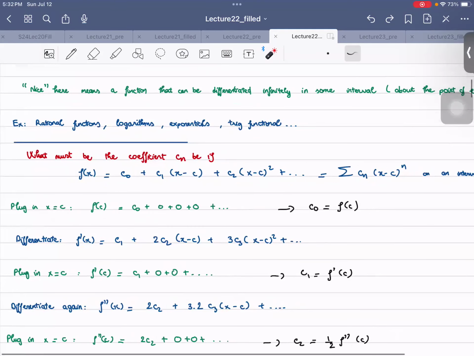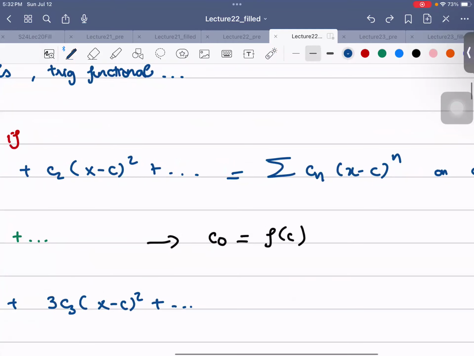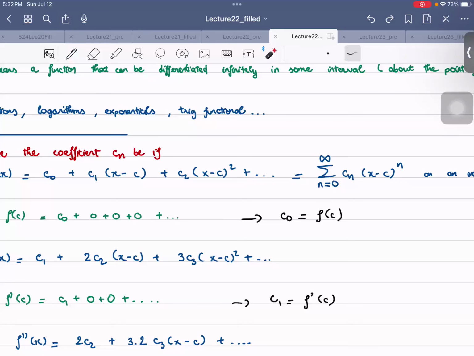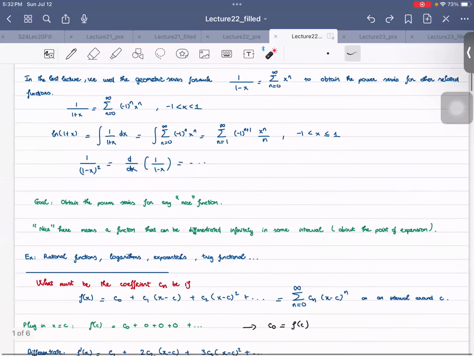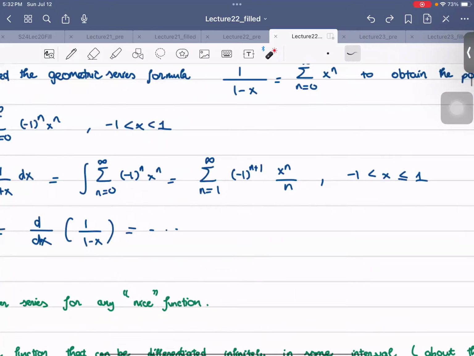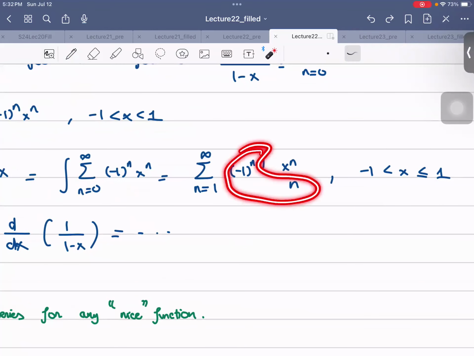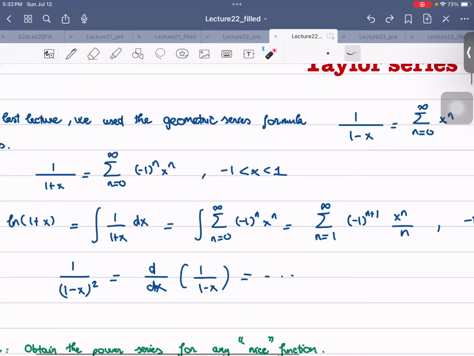Okay, and the point is, like I said, you need to know the coefficient. So for instance, over here, the coefficient is (-1) to the power of n plus 1, divided by n. For this function, when you write out the power series, that is your coefficient.